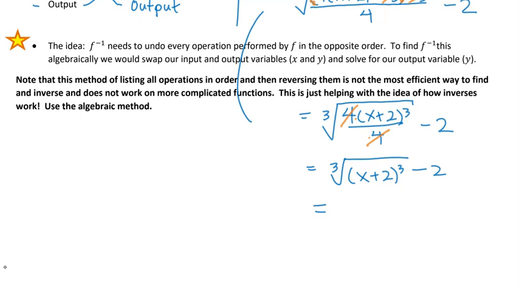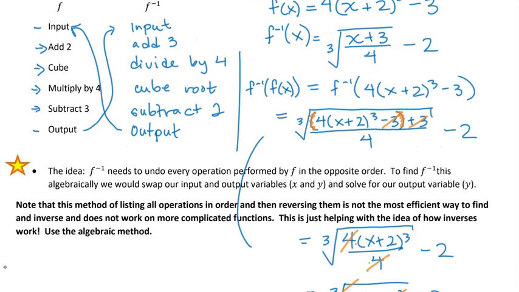And now that the 4's are gone, I have a cube and a cube root happening back to back in my order of operations, so now the cube and the cube root will wipe each other out. And I'm left with x plus 2 minus 2, which is in fact the identity function x. So it's true, if I take my function and I undo every single operation that it does in the opposite order, I have my inverse function.